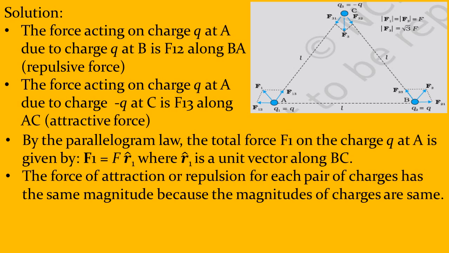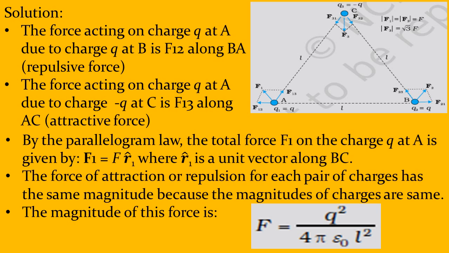So the force of attraction on Q1 due to the charge at C is equal in magnitude to the force of repulsion due to the charge at B. The magnitude of this force F, the force of attraction or repulsion, is equal to Q square, because the charge at A and B is Q, so Q into Q, Q square, divided by 4 pi epsilon naught into L square, the distance.